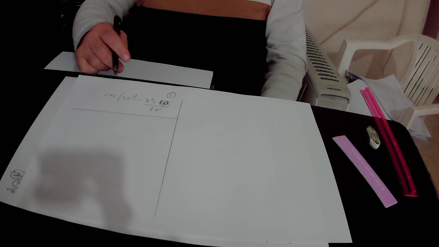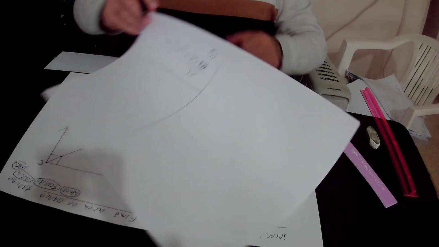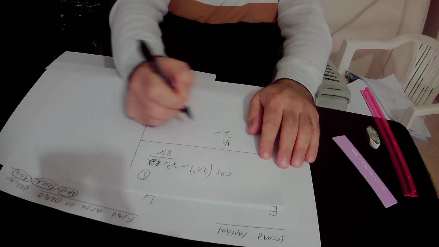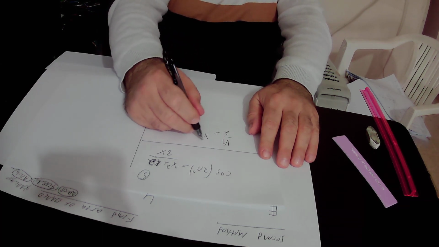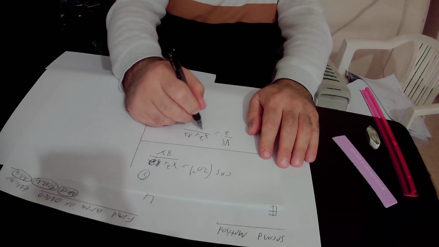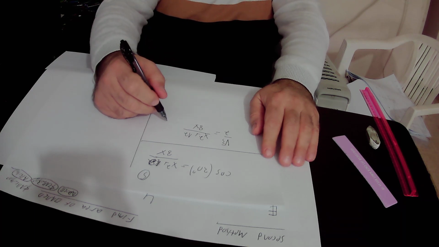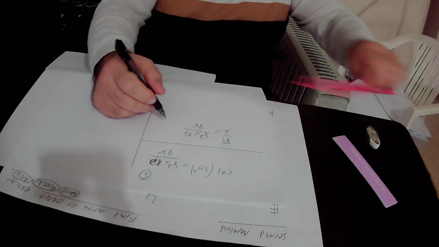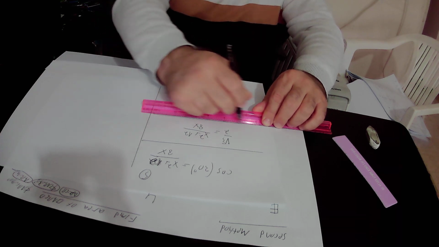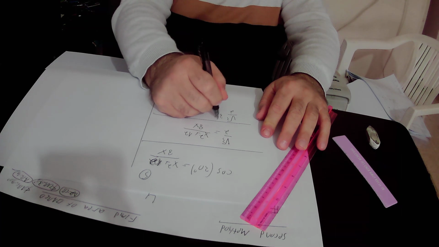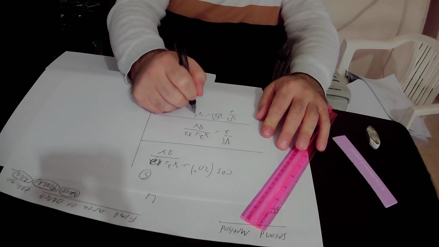Here we know that cosine 30 degrees equals square root of 3 over 2, so I will write it down: square root of 3 over 2 equals x squared plus 12 over 8x. Here we will multiply this equation by 8x and we will get that square root of 3 over 2 times 8x equals x squared plus 12.